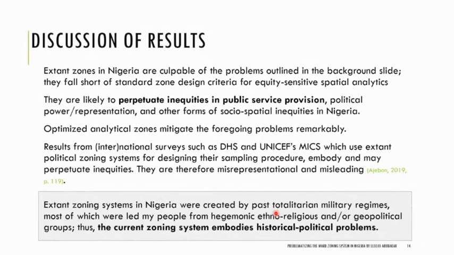And the problem has a far-reaching dimension, because the design of sampling procedures for most national and international surveys, like the Demographic and Health Survey and the Multiple Indicator Cluster Survey, which are used to evaluate sustainable development goals and indicators, is based on those zones, because there is what is called weighting adjustment, which tries to correct for differences in the population of zones in terms of the sampling.